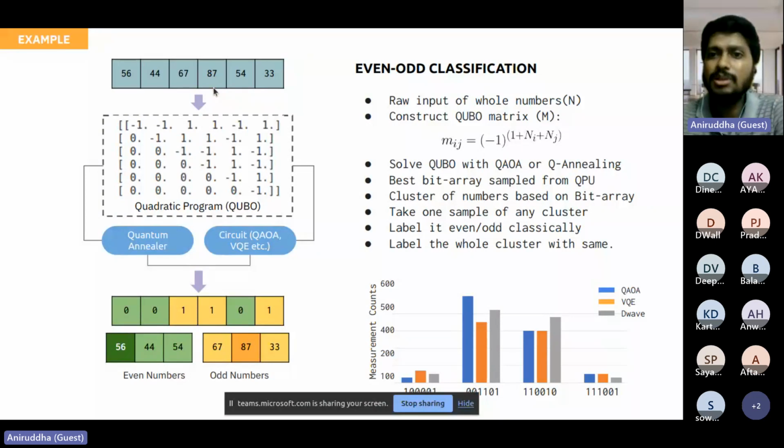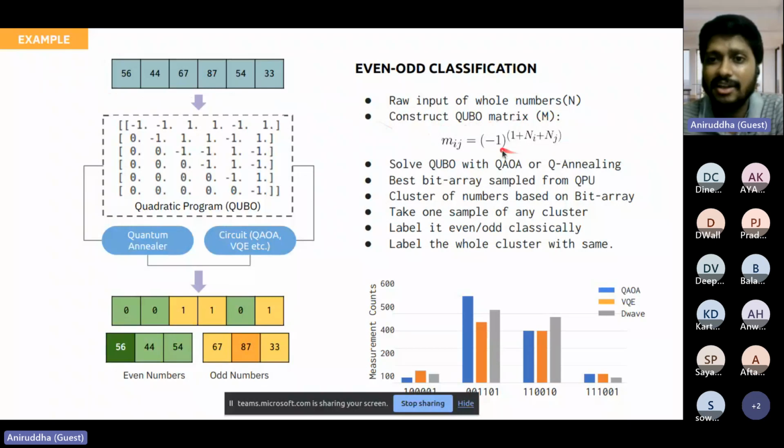So what will be the problem? You first have to have the numbers, which are basically the inputs of your problem. Here you can see these are the 6 numbers that you have. Then you have to have a QUBO. The QUBO I have thought of is this one. You can think of any other QUBO as well.